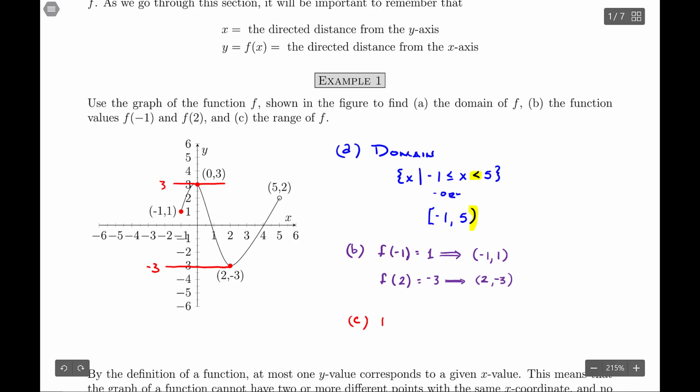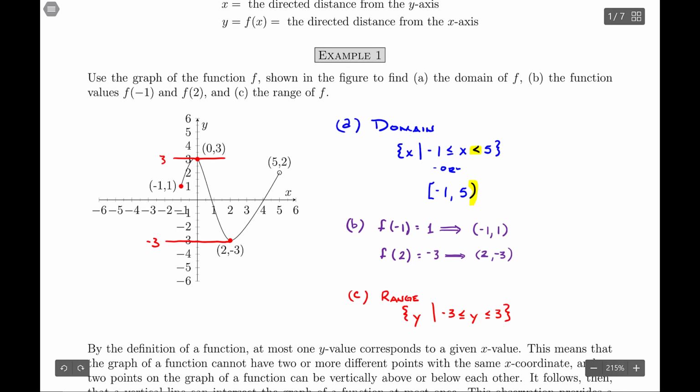So the range is going to be all the y values such that -3 is less than or equal to y, less than or equal to 3.